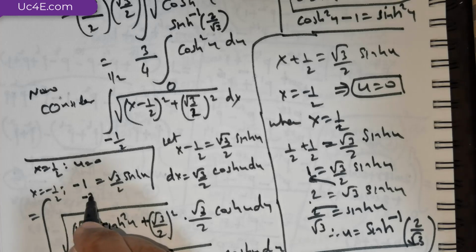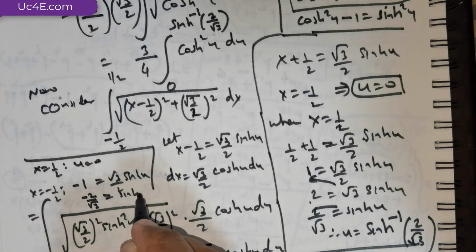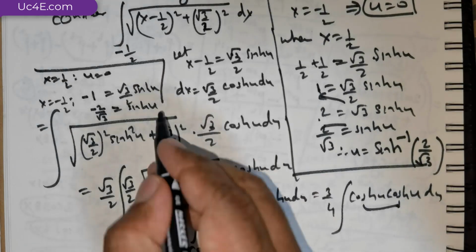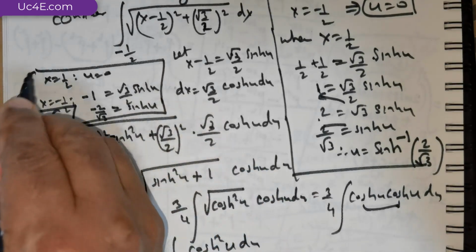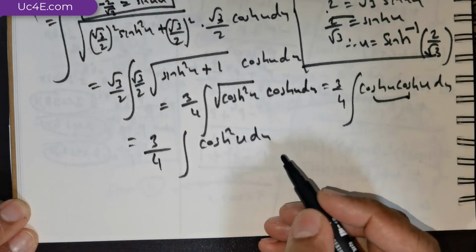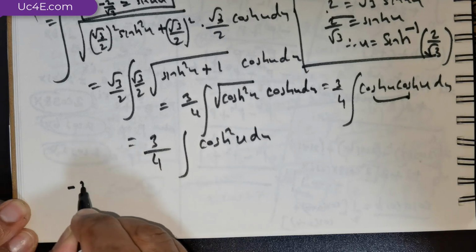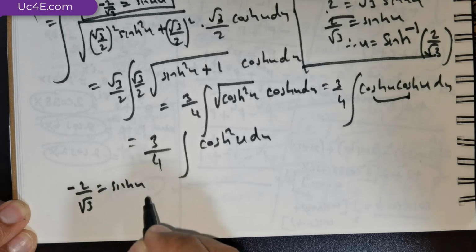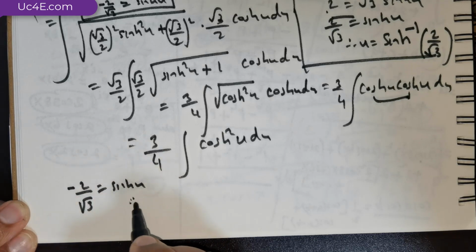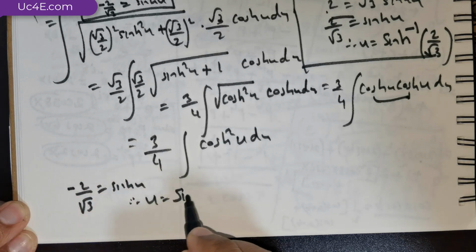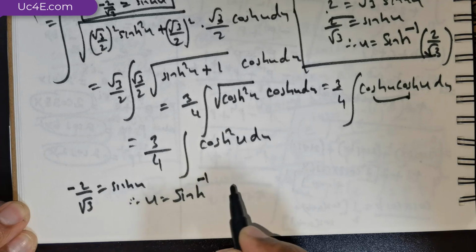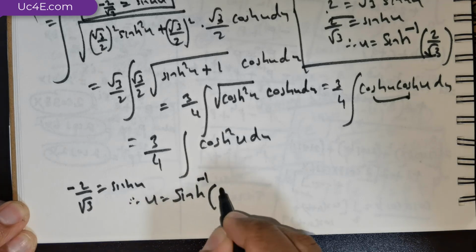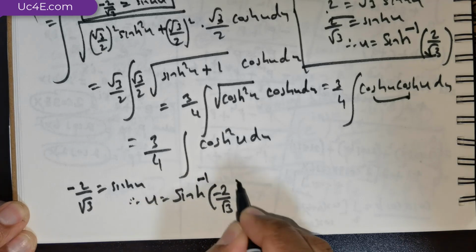Cross multiply, you get negative 2 over root 3 is equal to sinh u. Now we need to get u. I don't have space, so I'll show that over here. So you got negative 2 over root 3 is equal to sinh u. You need u, therefore u is equal to sinh inverse of negative 2 over root 3.